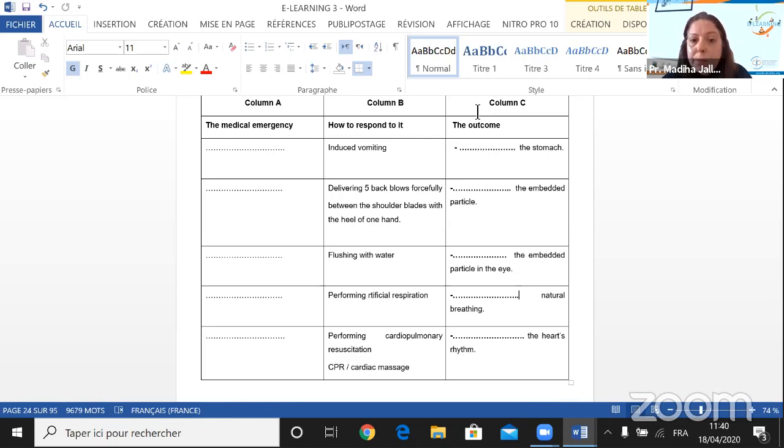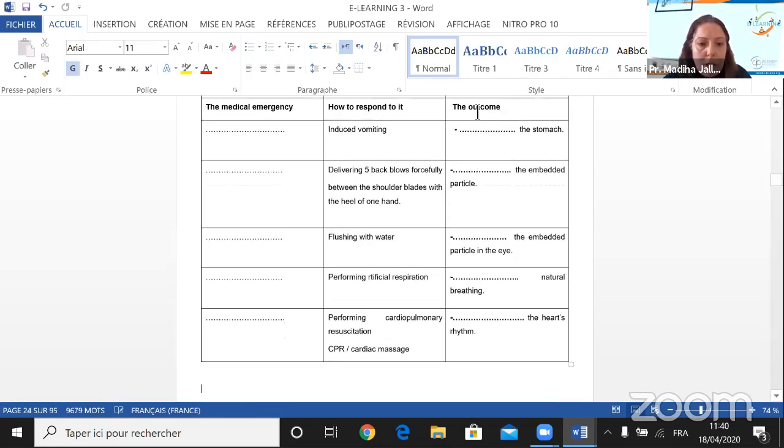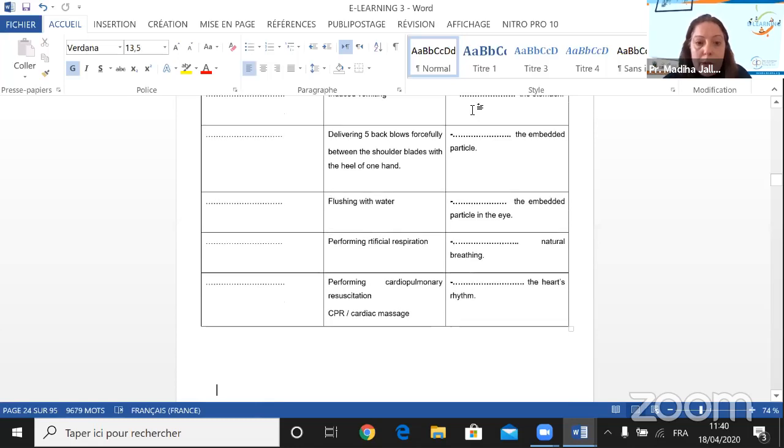Nice. Then you have next, flushing with water. Means you pour a large quantity of water, and the result is the embedded particle in the eye. So here the problem is with the eye. And because of this problem with the eye, you flush water. You pour and you cleanse with large quantities of water.